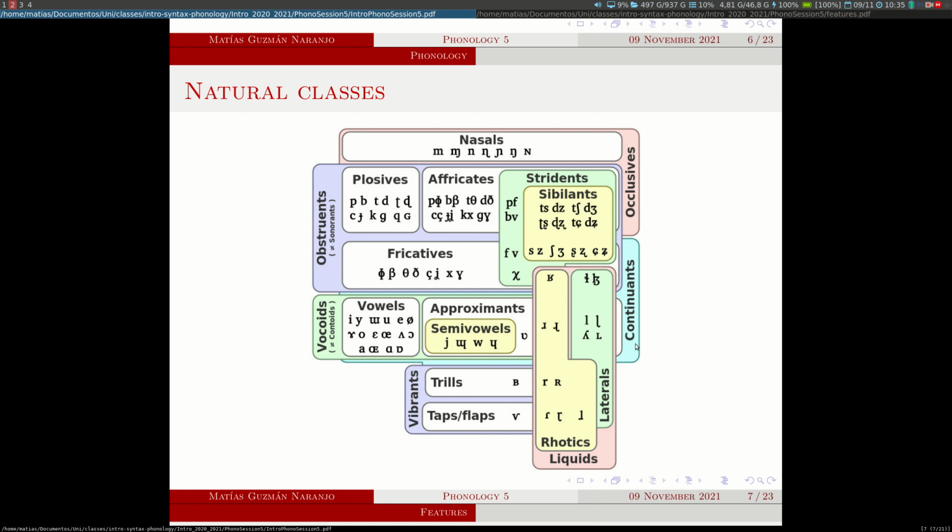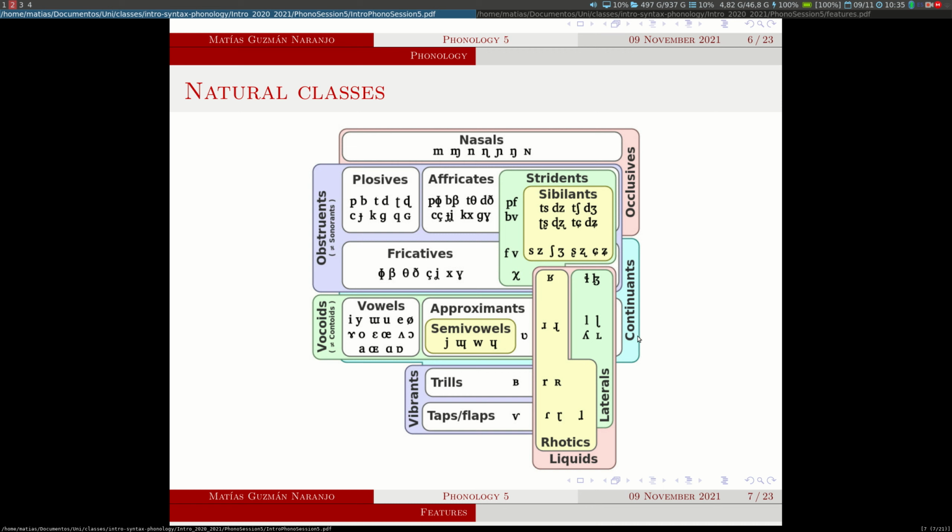Continuants: the air keeps on passing through the air cavity, through the mouth, without a full closure like in the occlusives. And here we had discussed that for fricatives, but this is also true for other sounds, here including vowels.